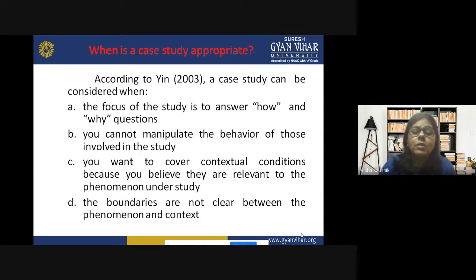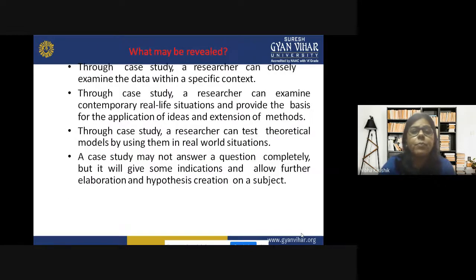And the boundaries are not clear between the phenomena and the context that we are going to study.